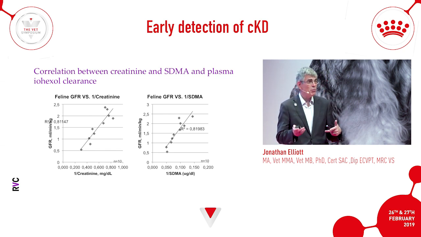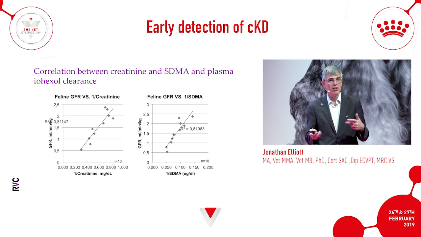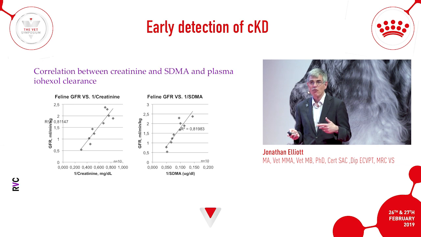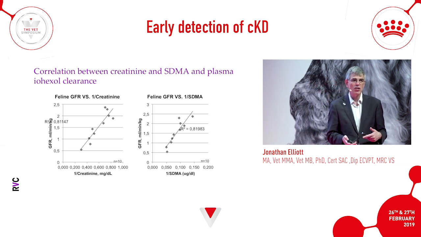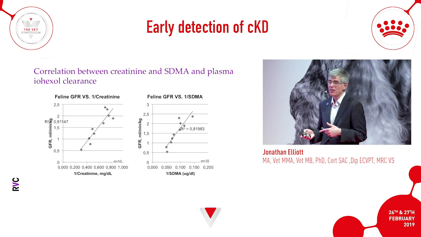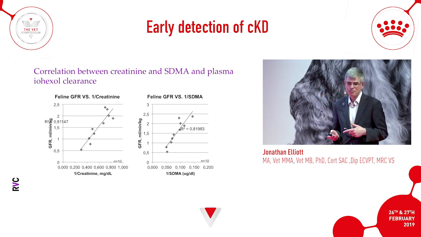So the relationship is the same. These are filtration markers because GFR is the one thing that is really influencing how rapidly they're cleared from the plasma. And as long as their rate of production is relatively similar between animals, then you will get a similar plasma concentration for a given GFR.